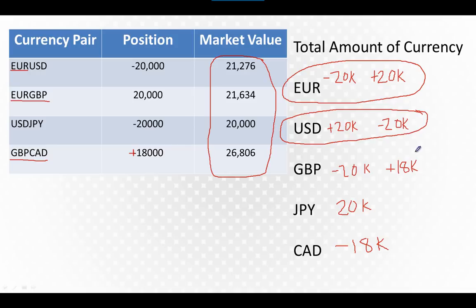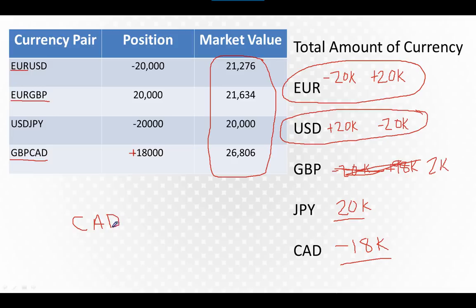Do they have pound exposure? Yes. They're long 2K of the pound, and they are actually long 20K of the yen. So this entire portfolio, let me tell you what it is. It's going to be long CAD yen.